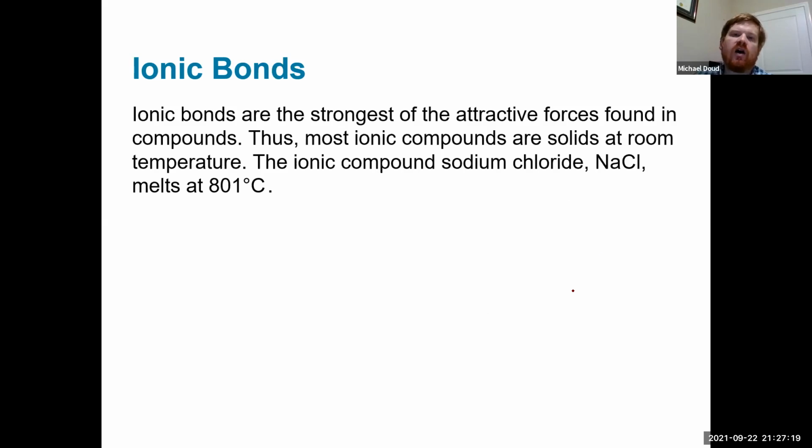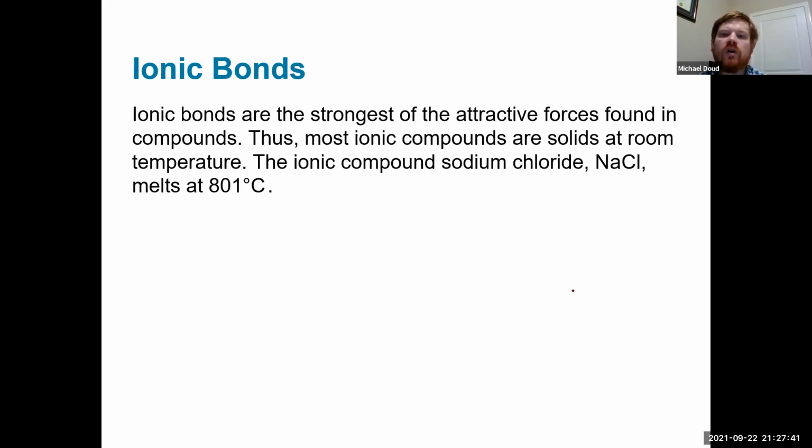Okay, so this is kind of how molecules interact with each other is what the focus is here. Starting from ionic bonds. Now, ionic bonds are very strong attractive forces because having a full positive and a full negative charge means that those ions are very strongly attracted to one another.